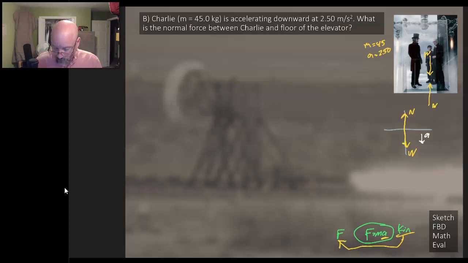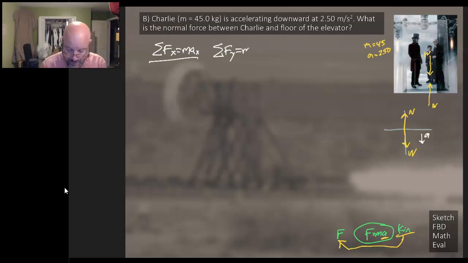Okay, so let's look at our equations. Fx is max. And then I've got Fy is may. Now my x information there actually is not applicable.